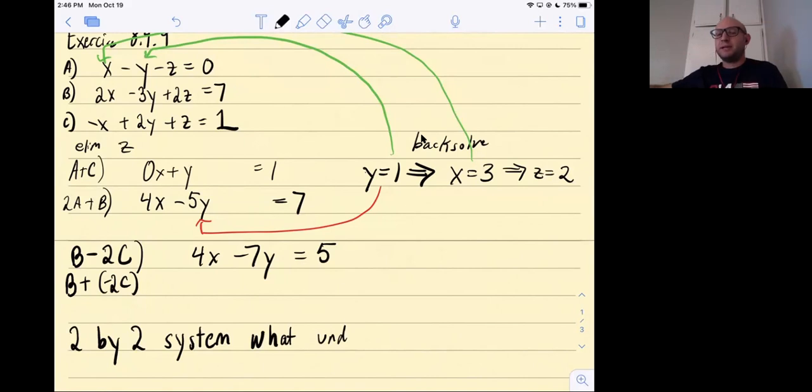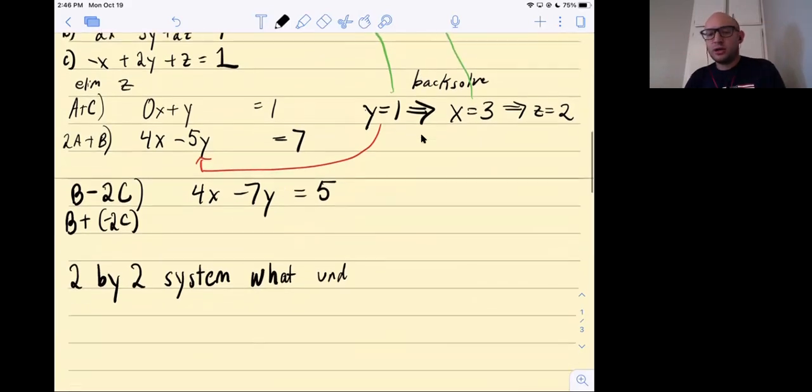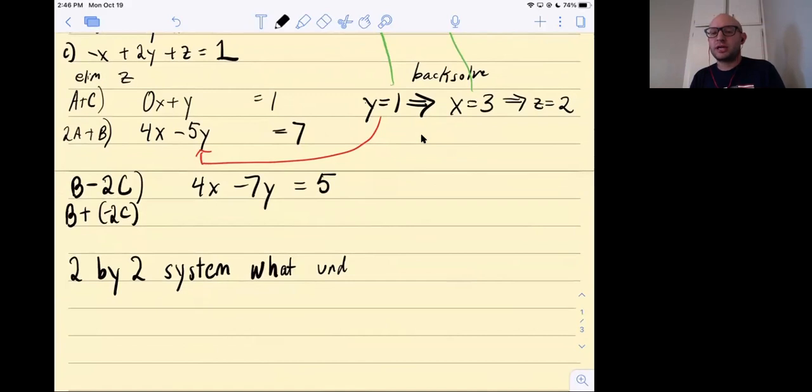Nice. So we have, or I would say maybe, the plane. We have a flat plane. And what objects are we really talking about when we have a 2x2 system? What are the geometric objects that we can interpret each equation in a 2x2 system as?